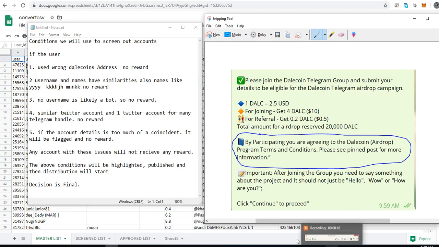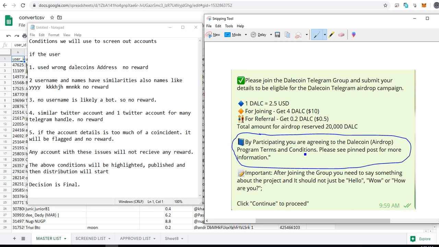Before ever joining the airdrop on the bot, you'll notice our terms and conditions, our disclaimer, which reads, by participating you are agreeing to the Dalecoin Airdrop program terms and conditions, which means whatever decision will come at the end of the day is final and you are agreeing to it. So you must have read this before participating in the airdrop. That is one of the conditions, right?